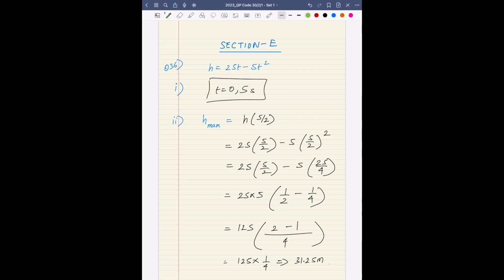This is the maximum height at t equals 5 by 2 seconds. Okay, easy? Yes, it's pretty easy.